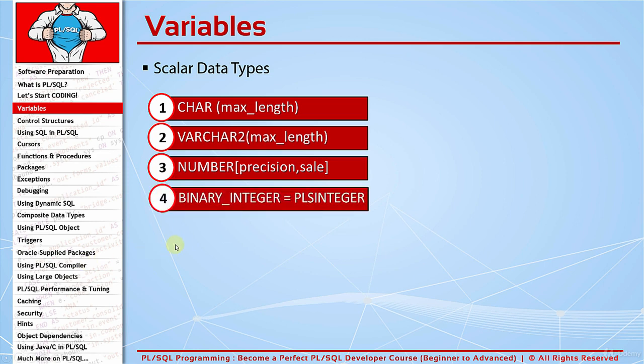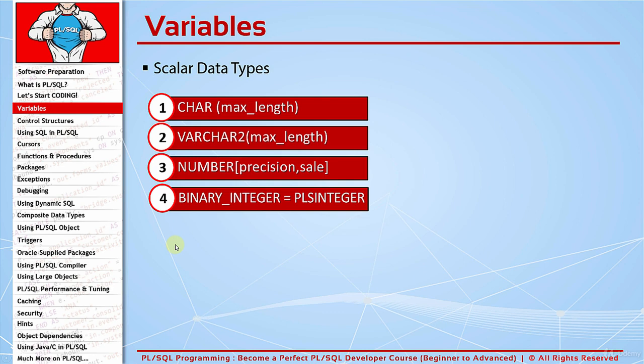And binary integers, which are equal to PLS_INTEGER. Binary integer and PLS_INTEGER are identical data types, completely the same, from 11g onward, including 11g. In older versions, they are not the same. Their range is between over negative 2 billion and over positive 2 billion.